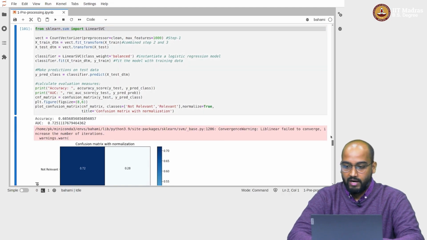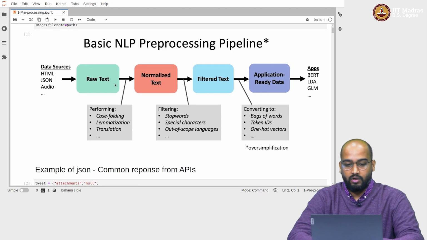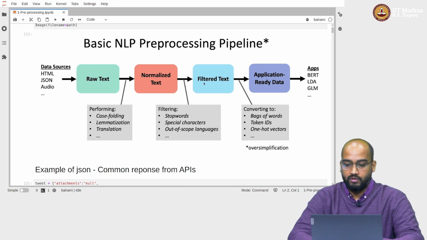So let's go back to where we started. We started with accessing and reading raw text, normalizing it based on stop words, special characters, and so on. Then we figured out how to convert this into numbers: bag of words representation, one-hot vectors, or word2vec. And we looked at a very simple toy example of how we can use those representations to train a classifier.